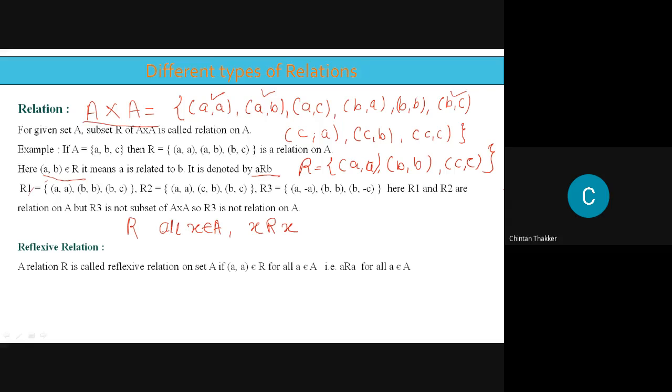Then this relation is called reflexive relation.